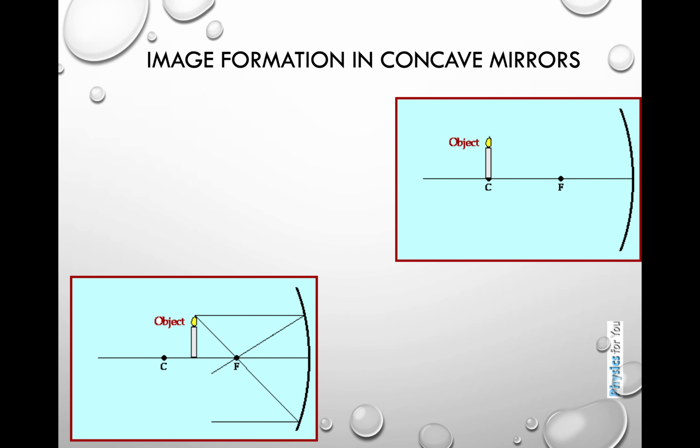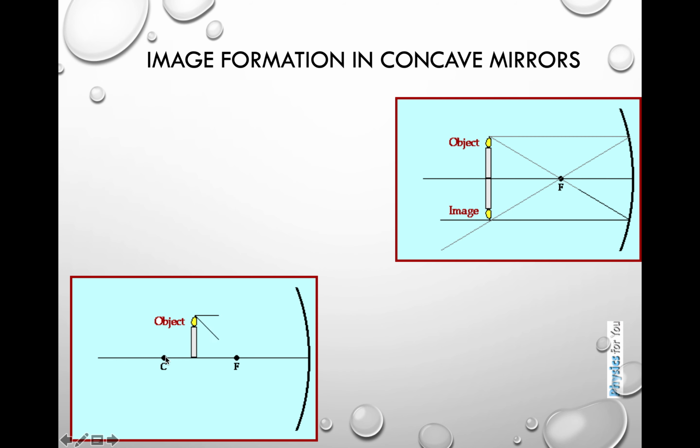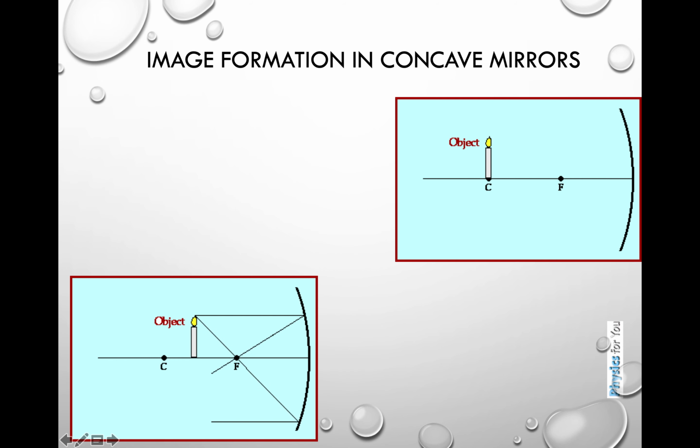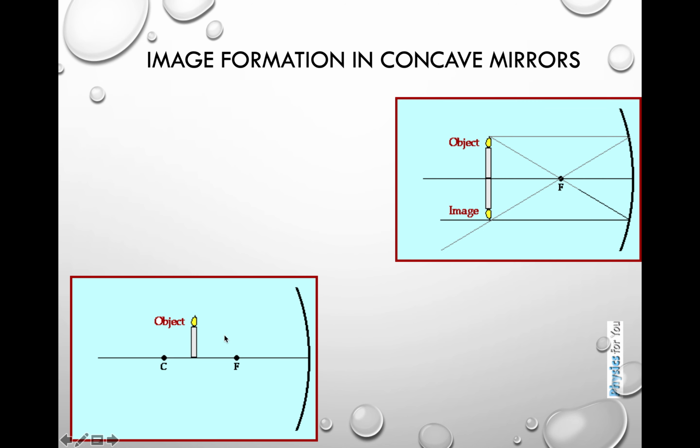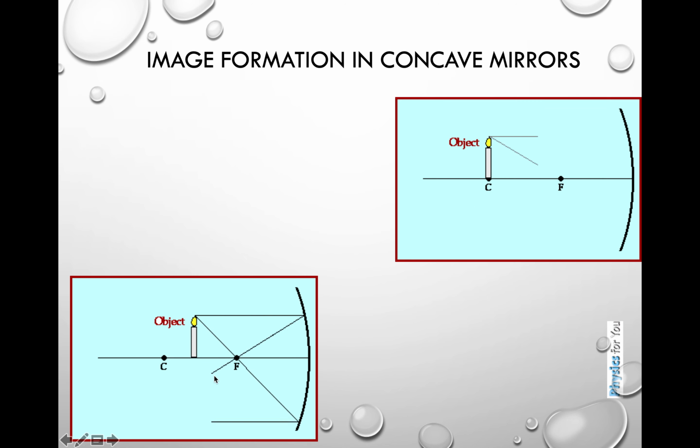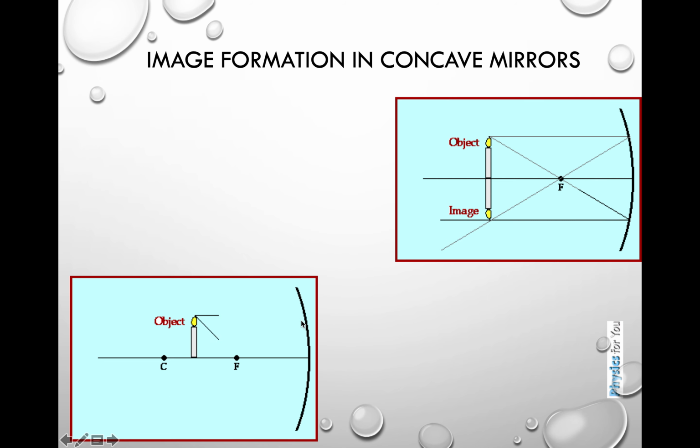While if you push the object a little bit less than the center, more than the focal length, you will find that the light will fall firstly parallel to the line down and pass by the focus.